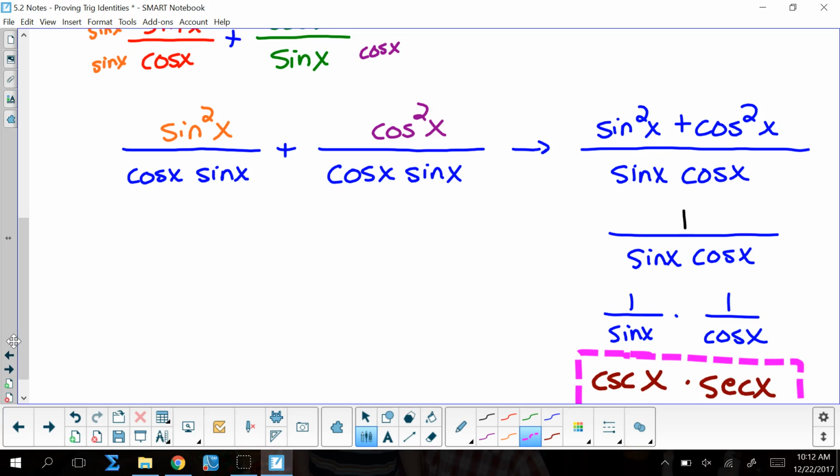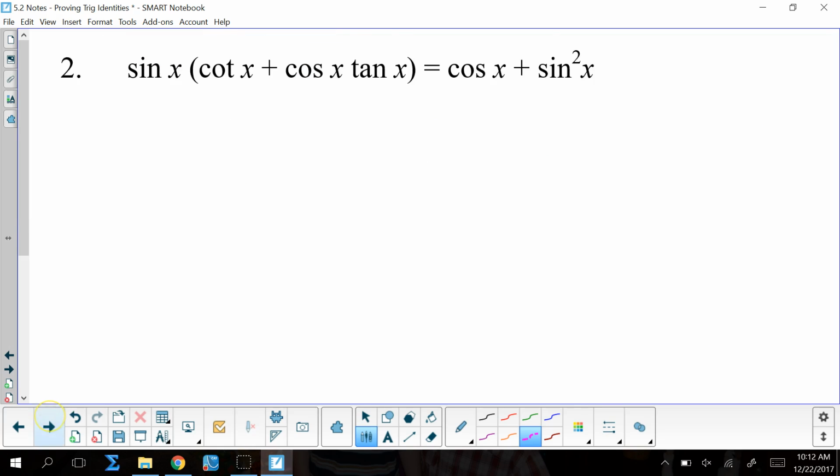So does it really matter which side you choose? Technically, no. But it's hard pulling stuff out that isn't there. So always go for the more complicated side. Okay? You try this one.